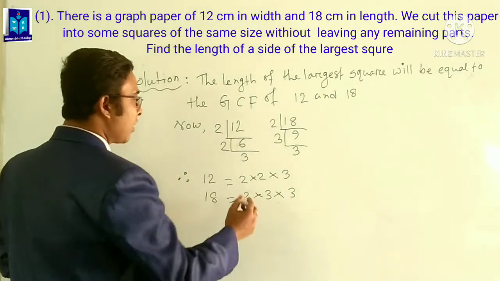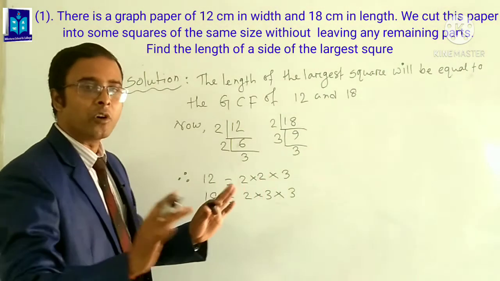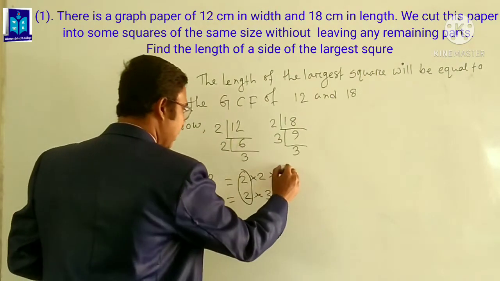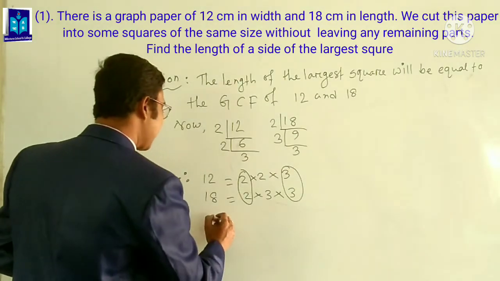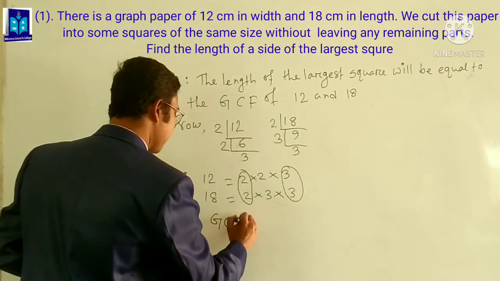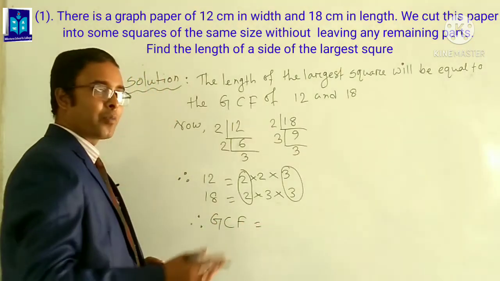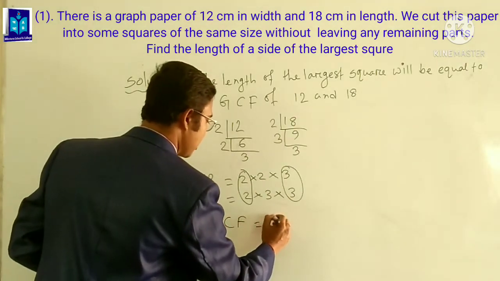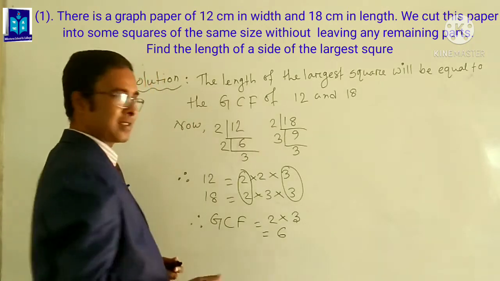So from here we will find which are common. You see, these are common, this is also common. So we can write here GCF. Therefore, GCF will be what? Now, the product of these common factors. That means 2 multiply 3 equals 6.